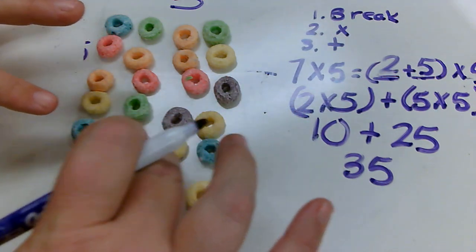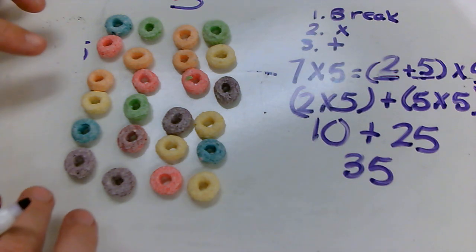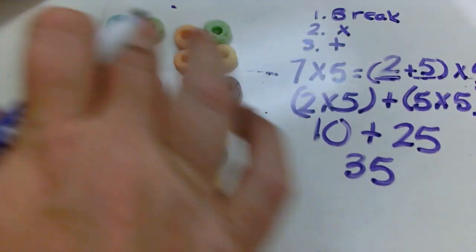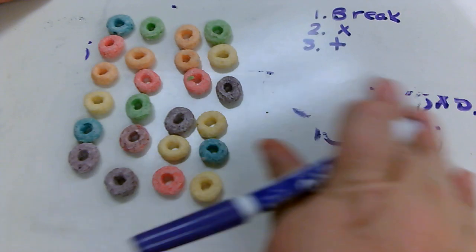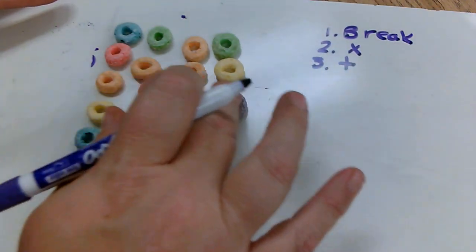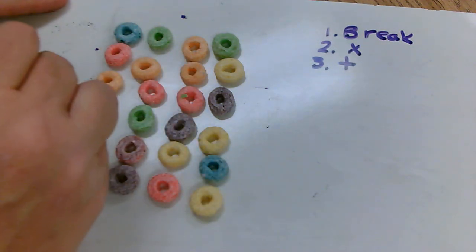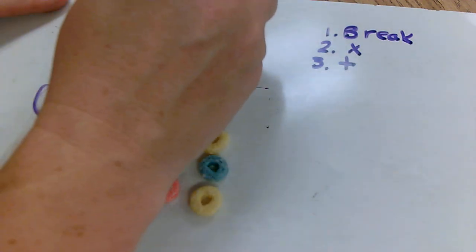So we're going to take away a column, and we're also going to take away a row. So now we have 6 times 4. So let's change all of this to 6 times 4. So this is 6. This is 4.